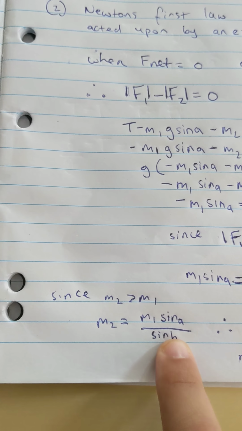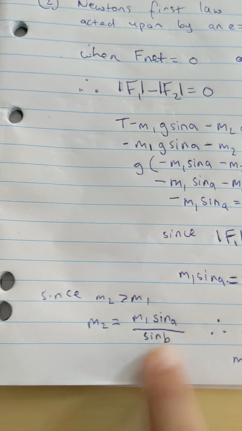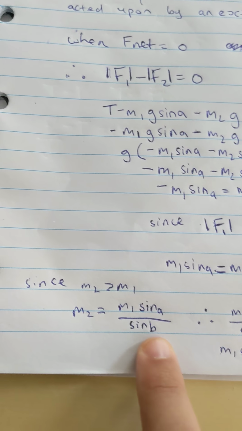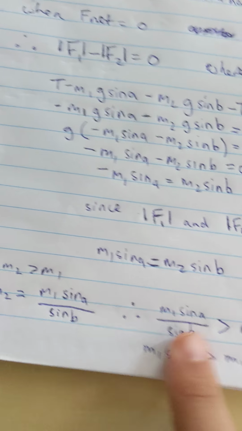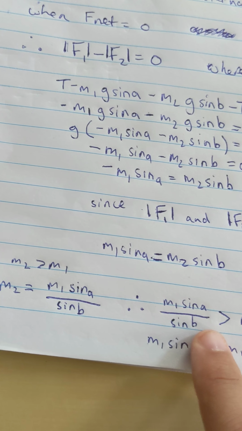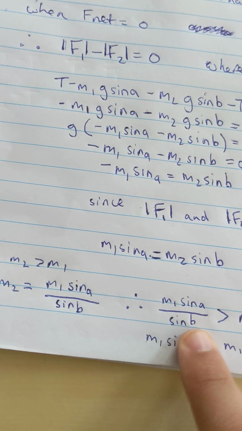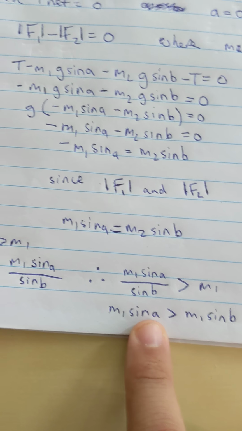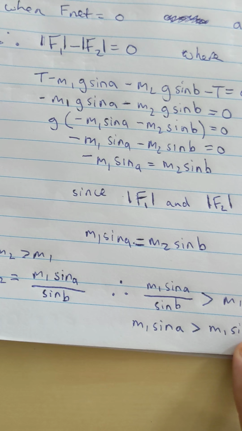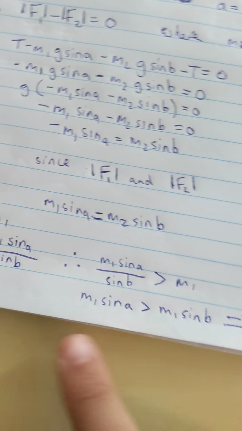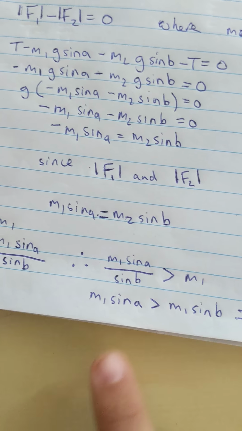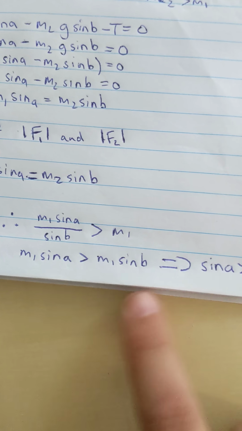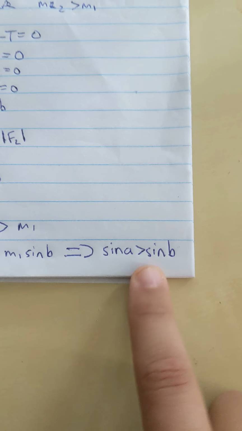So to work out m2, we divide m1 sine alpha by sine beta. Therefore, m1 sine alpha over sine beta is greater than m1. So we can divide by the m1s, and what we get is sine alpha has to be larger than sine beta.